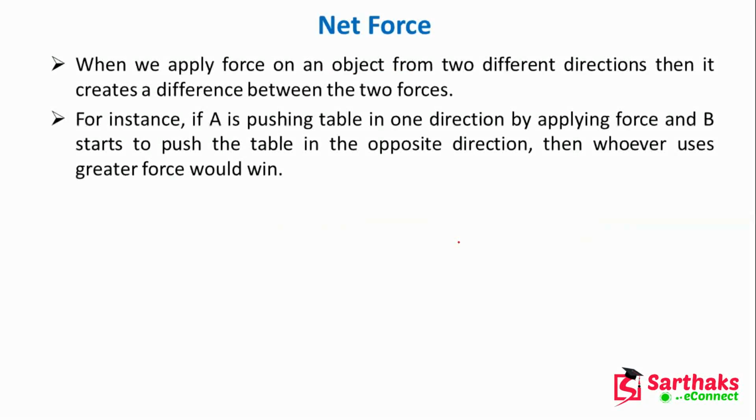Now, net force. Suppose there is a table here, and A pushes the table in one direction by applying the force FA, and B starts to push the table in the opposite direction.